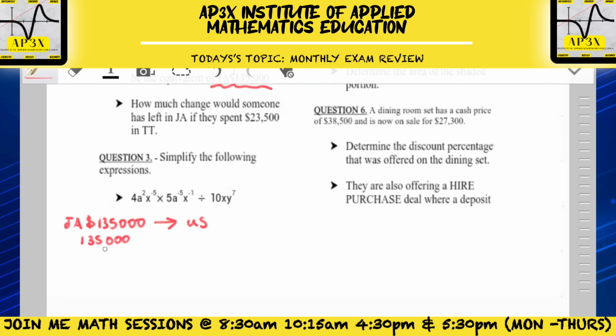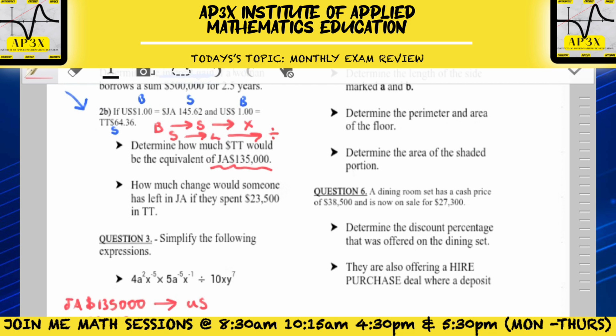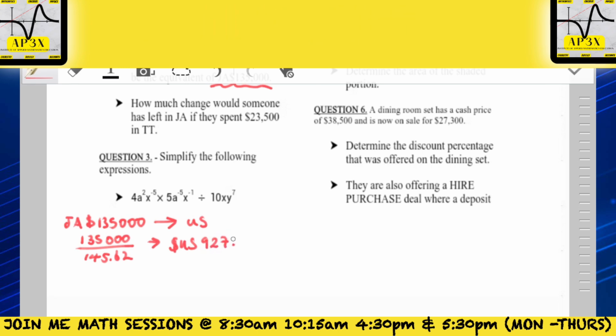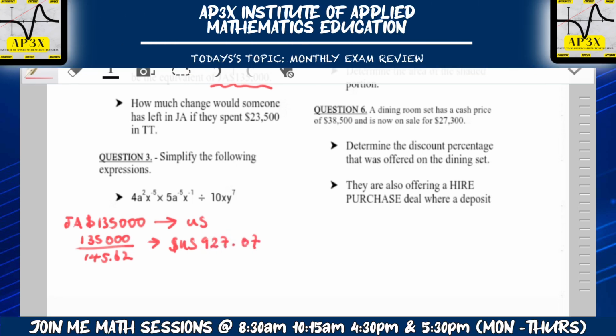So 135,000 divided by 145.62 according to this question. And so you're going to find that the conversion to US here, 135,000 divided by 145.62, is equal to US $927.07.